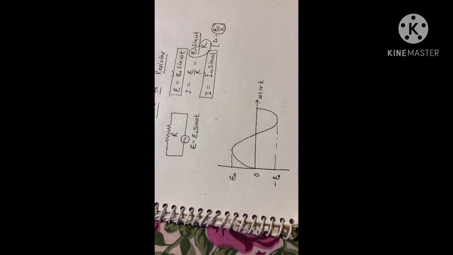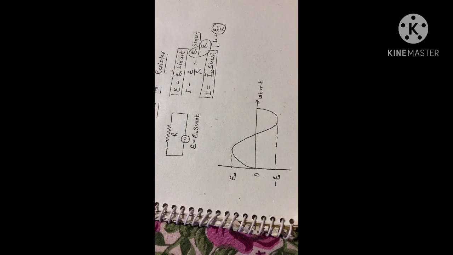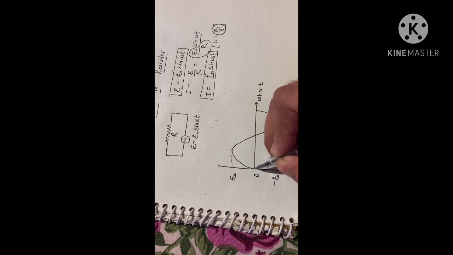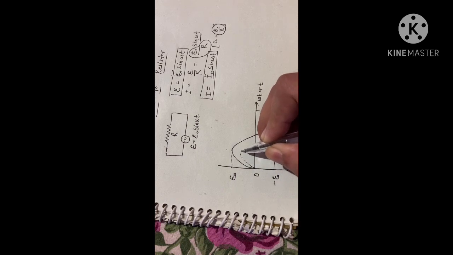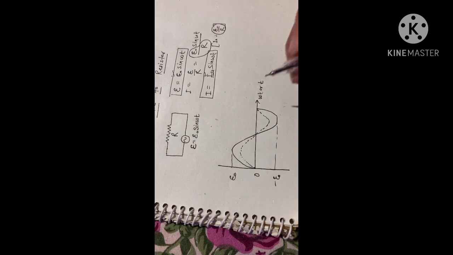Now you know I0, so plot the graph for current on the same axis. Last time, while teaching the definition, I told you the frequency is the same. Both EMF and current are changing, but the frequency is the same because the coil is rotating with the same frequency. The graph for current is always plotted as a dotted line. It will be smaller, but both vary in the same manner, sinusoidally, as you can see in the equations.